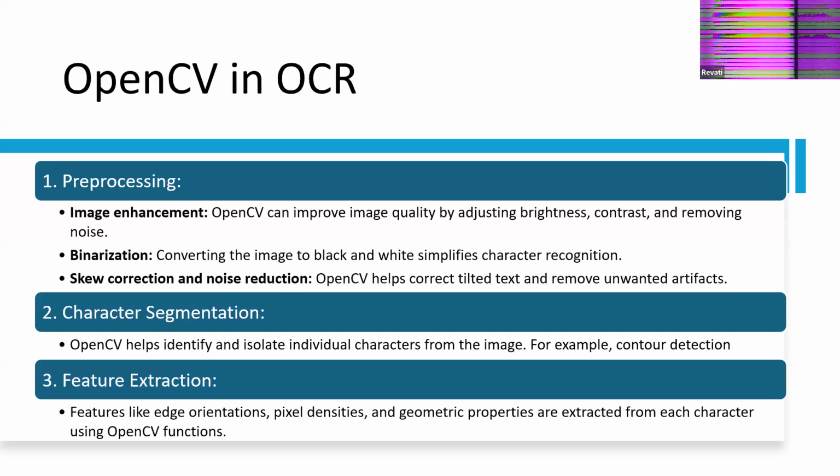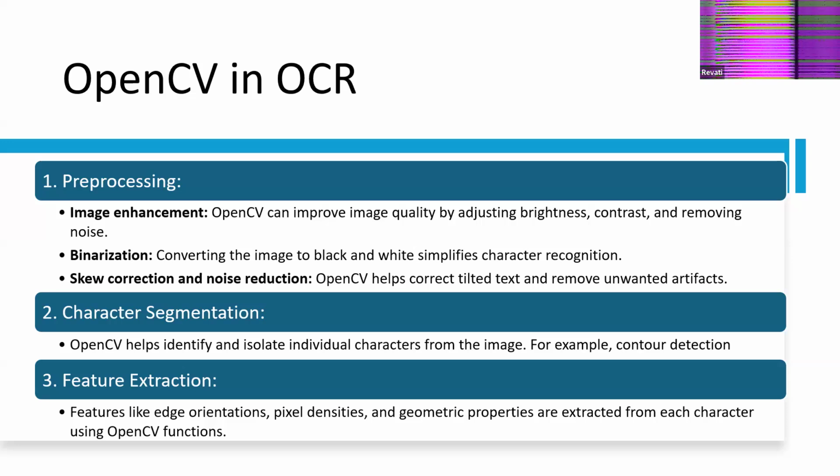So I did talk about pre-processing. What options are there for pre-processing? One is image enhancement, binarization, and skew correction. Sometimes I have seen that even if we think the image is not tilted, it is tilted by 1 or 2 degrees.